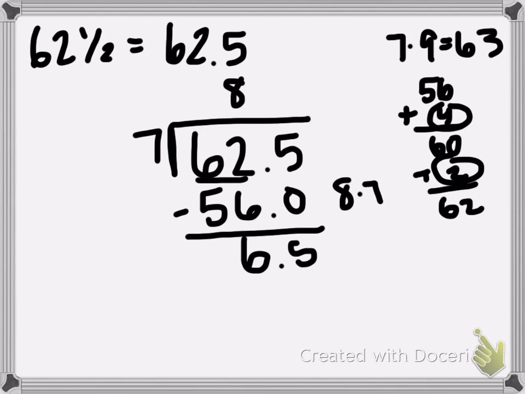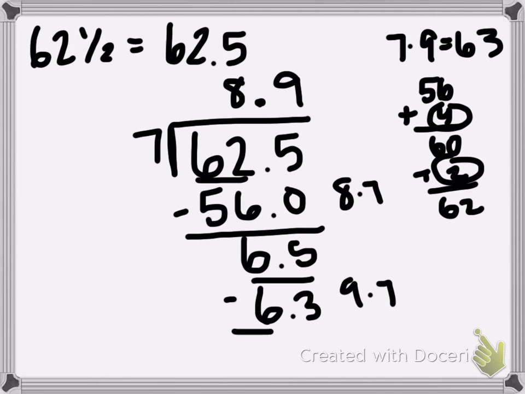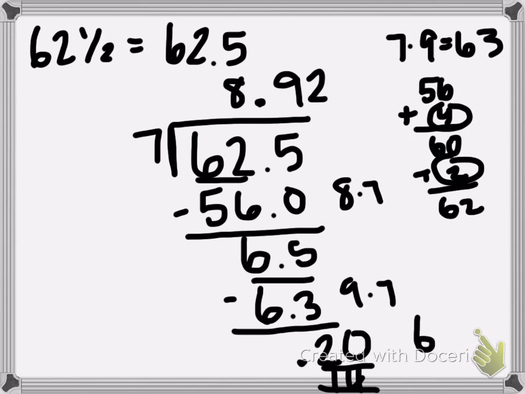How many times does 7 go into 65? 9. And 9 times 7 is 63. So we're left with 2, and 0 there. How many times does 7 go into 20? Twice. And that's 14. We're going to stop there.